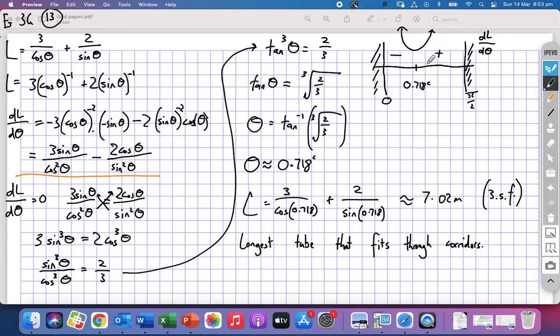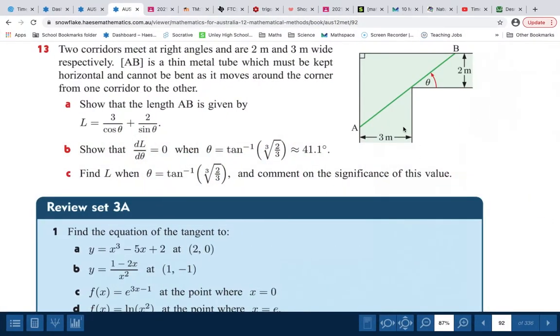But if you think about the diagram, I'll go back to the picture. You can see that we're looking for this shortest path here between those corridor walls. So it does make sense that would be minimizing that length, and if the angle increased out to there, say, maybe up to close to 90 degrees, the line would be going down there. This tube could be really, really long, right?